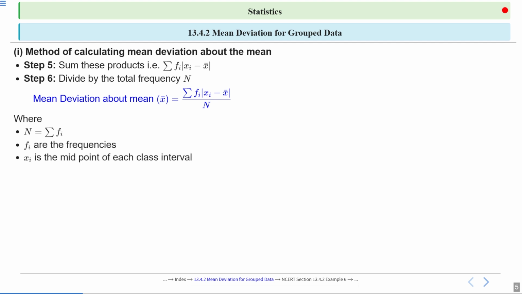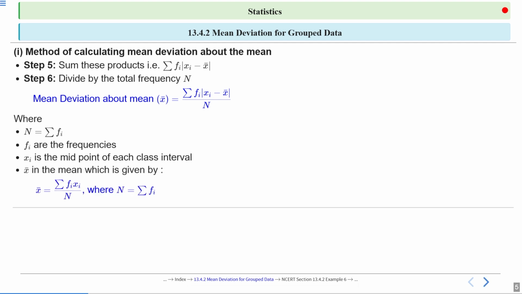And xi is the midpoint of each class interval. Finally, x bar is the mean of the data, calculated using the formula x bar equals summation fi into xi divided by n, where n equals summation fi.